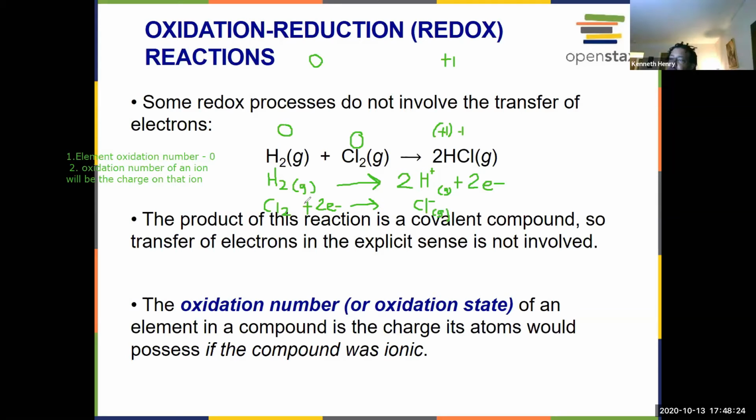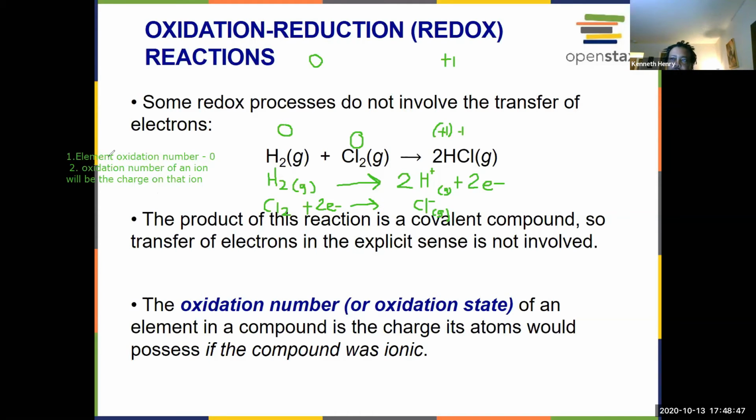If you add the two reactions together, they should cancel out the electrons, and then you'll end up with your product. So these guys will come together, okay? Are you with me? Or are you like, I have no idea what you're talking about? With you a little bit. Okay, a little bit.